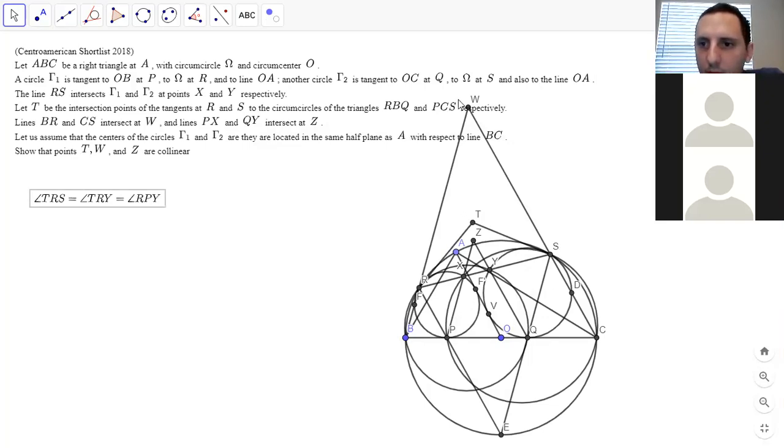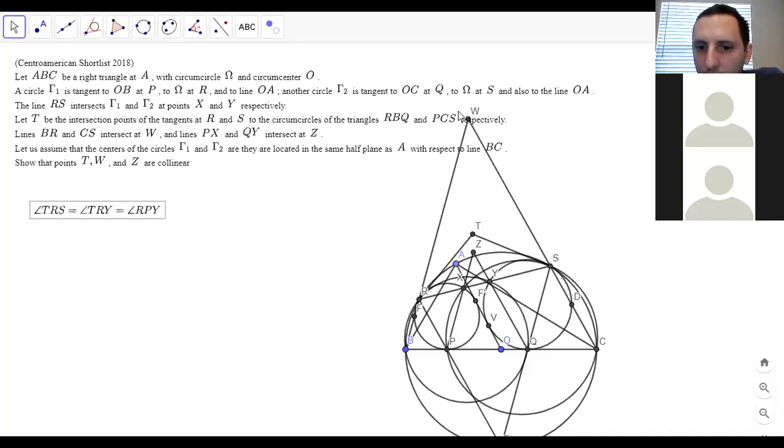Let's see. SXPC is cyclic by definition, right? We just have to show BQYR. Those are cyclic by definition. That's how X and Y were defined.